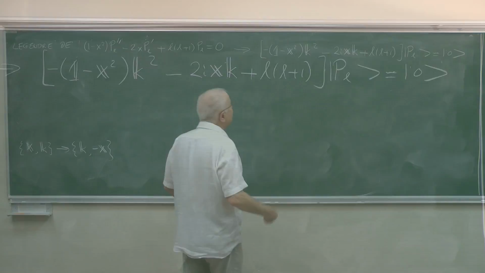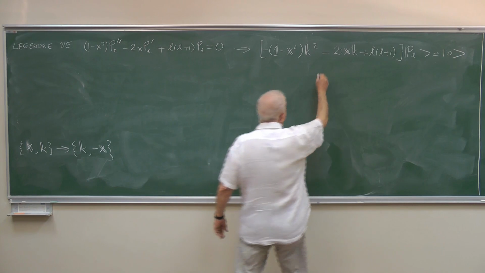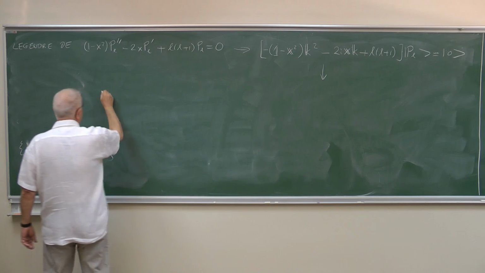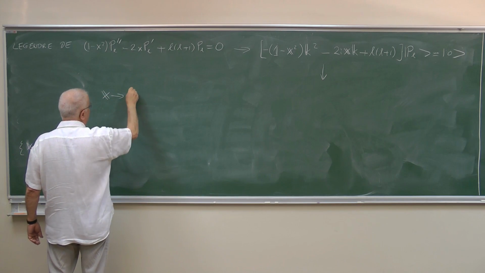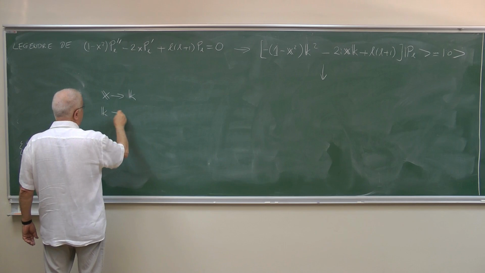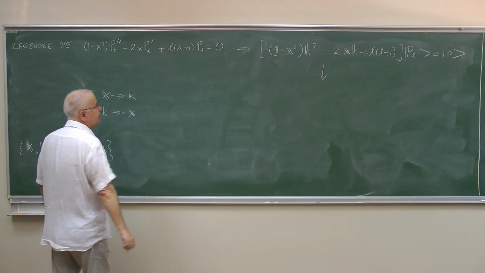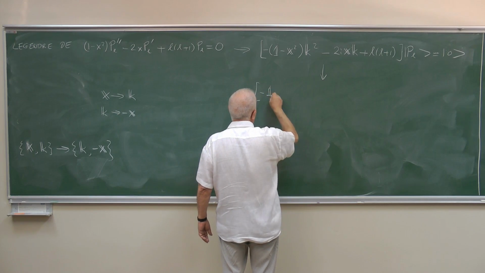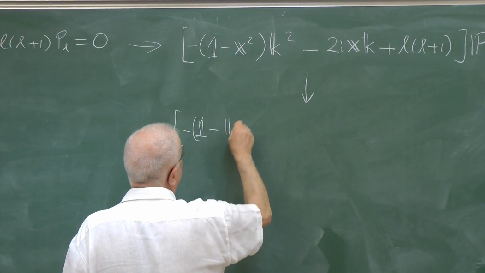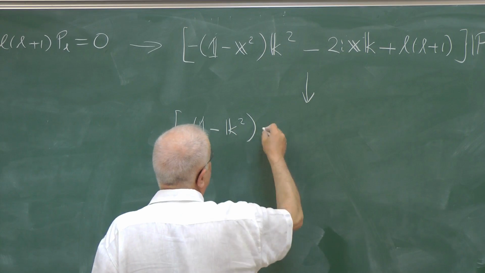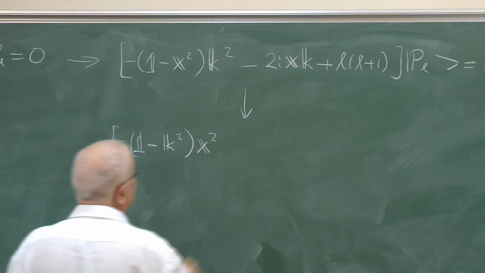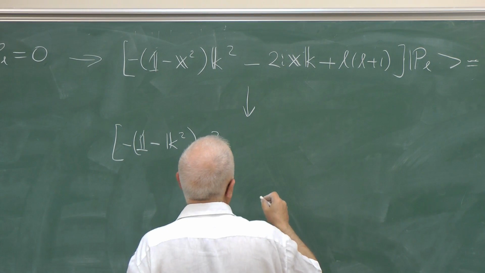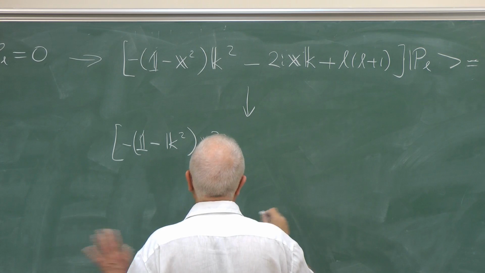At this point, I make the canonical transformation, x goes to k, k goes to minus x. So, minus 1 minus k square, and k square is x square. The squares are not bothered by the canonical transformation.